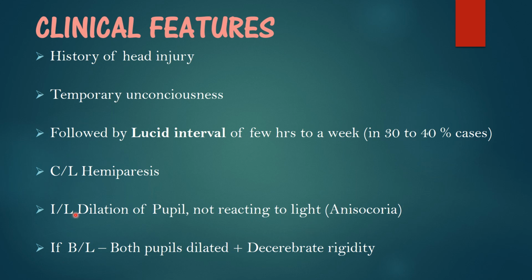And in bilateral epidural hemorrhage, both pupils are dilated and there will be both-sided hemiparesis, that is decerebrate rigidity. The cerebral cortex is physiologically cut off from the nervous system. You have gone through decerebrate and decorticate rigidity in physiology classes. In bilateral epidural hematoma, both pupils will be dilated and decerebrate rigidity is seen.